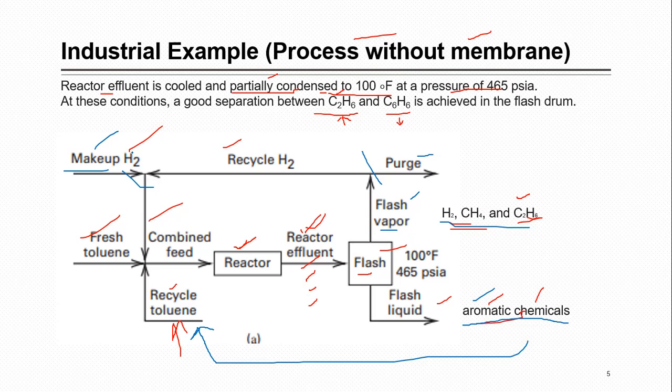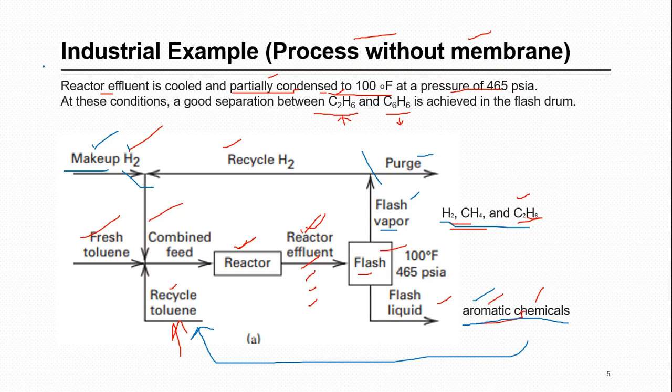Why are we bringing makeup hydrogen? Suppose there is no purge and all hydrogen which went out of the reactor comes back, but you know that inside the reactor there is some usage of hydrogen in the side reaction, so we have to bring some in.